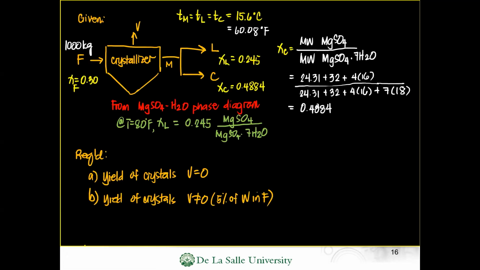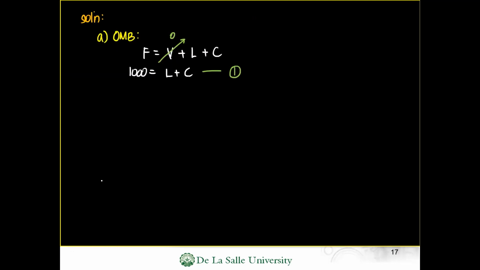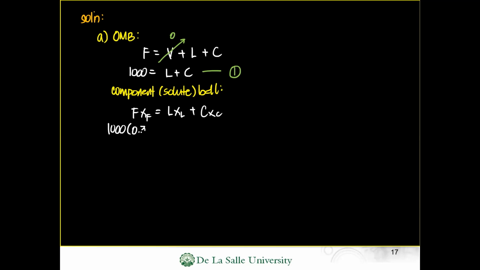And then what else? So for the component balance or the solute balance, I can see that F XF is equal to L XL plus C XC. This one is given. XF, we know that that's 30%, so 0.3. We don't know what L is, but we know that XL is 0.245.